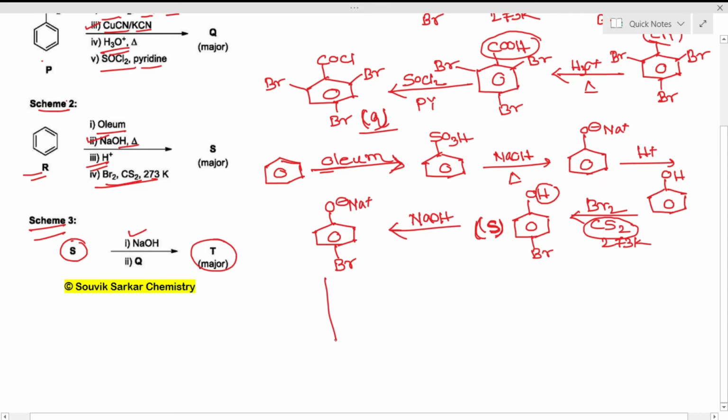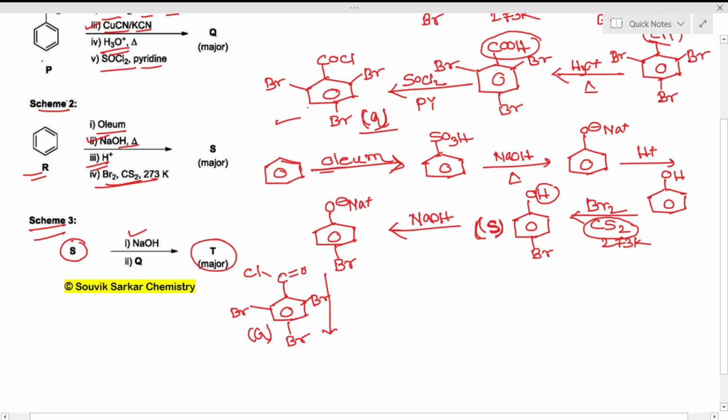And in the next step, it is reacting with Q. So our Q is this one. We have 3 bromines as usual and 1 carbonyl group. So when we react this Q, this is a normal nucleophilic addition.